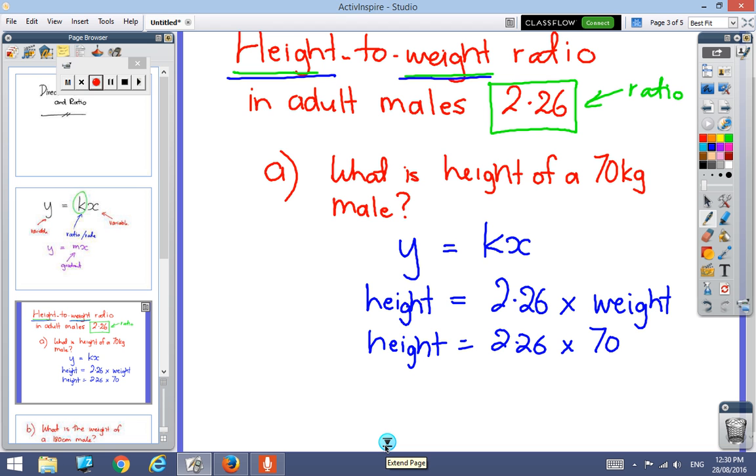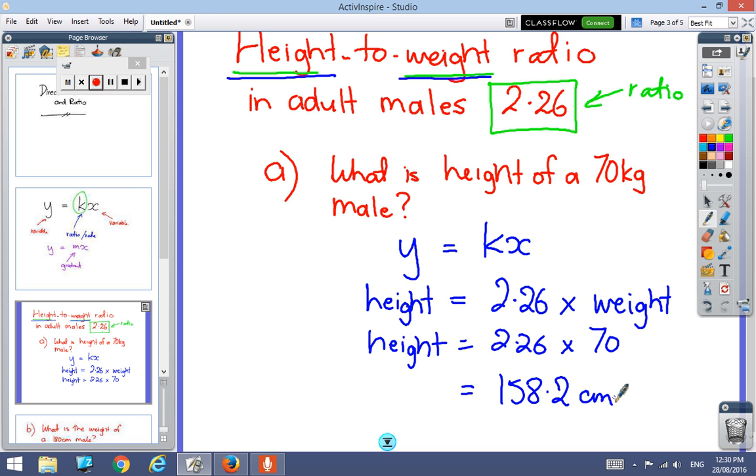So if I then calculate the height, which is just a straight calculation, I get 158.2 centimetres, and I've therefore used the 2.26 ratio to determine the height of this person. If it was the height of a 75 kilogram person, we could still work out how tall they are.